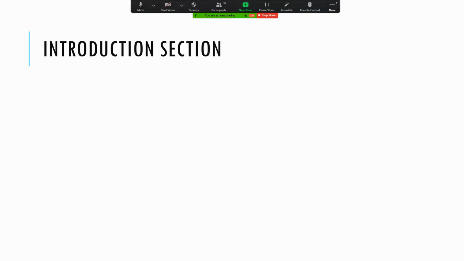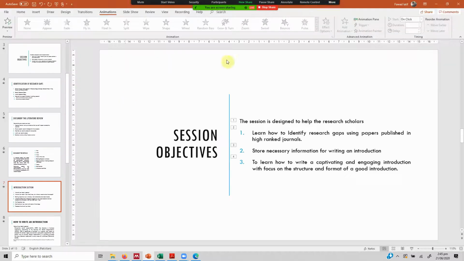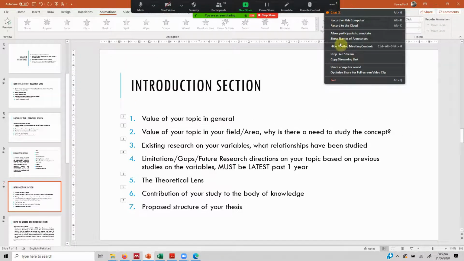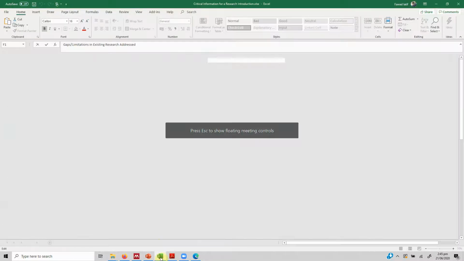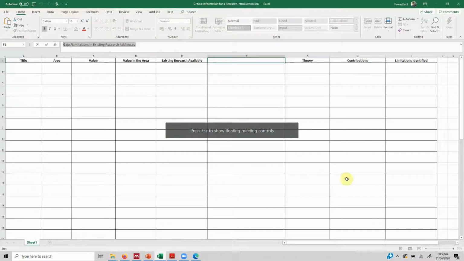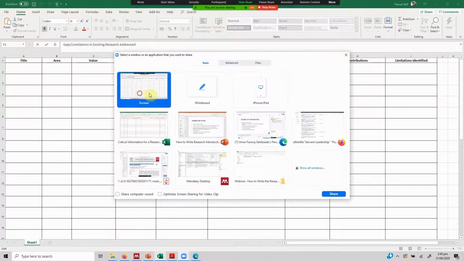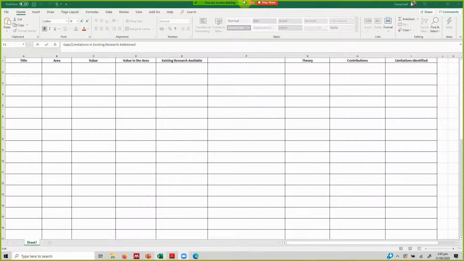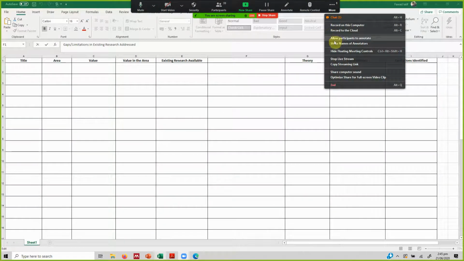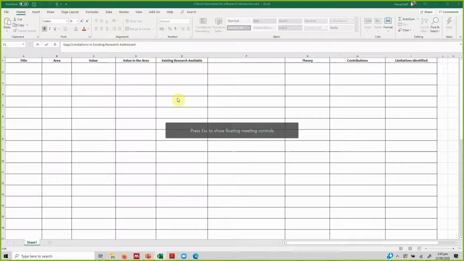Now, in order to do this, you can use this Excel sheet. This Excel sheet will help you store relevant information about the papers that you are reading.